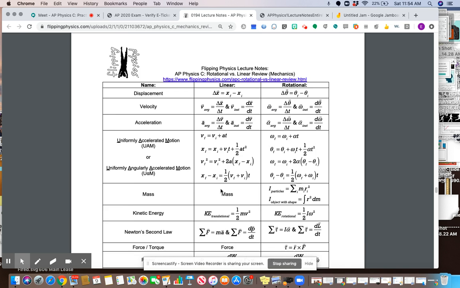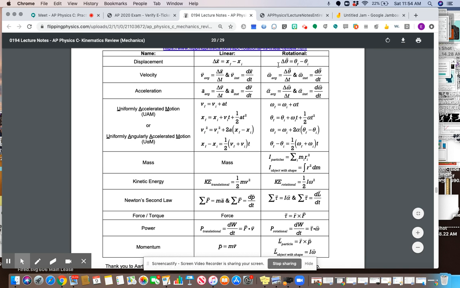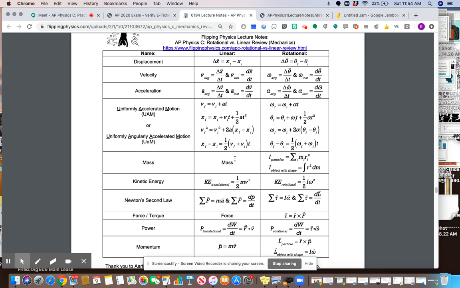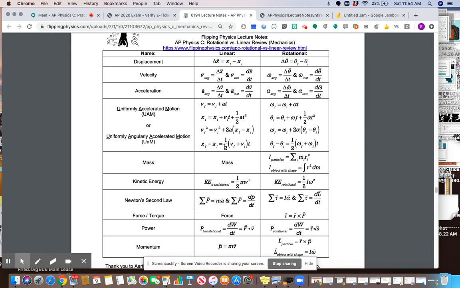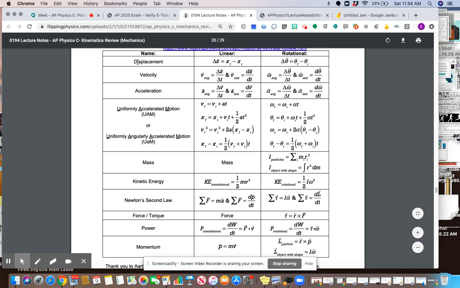Here we go. So there are equations that relate linear to rotational velocity, acceleration, and constant angular acceleration. So I'm going to post this information up here, this little chart.